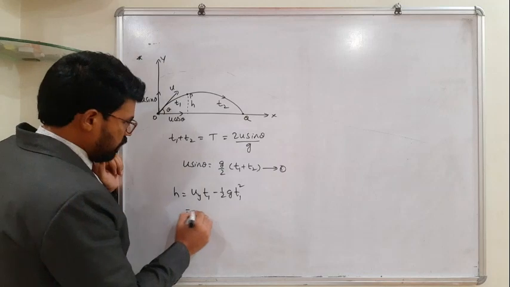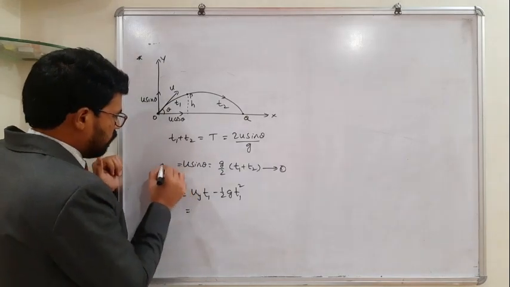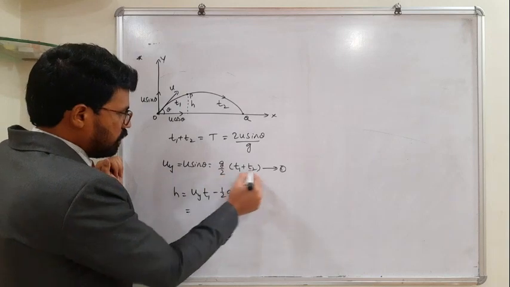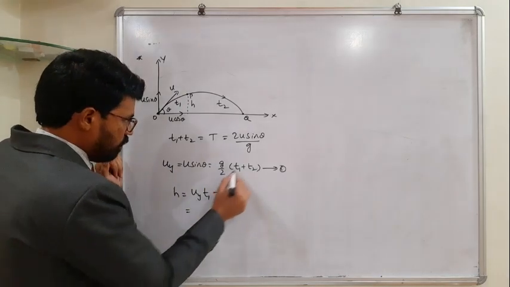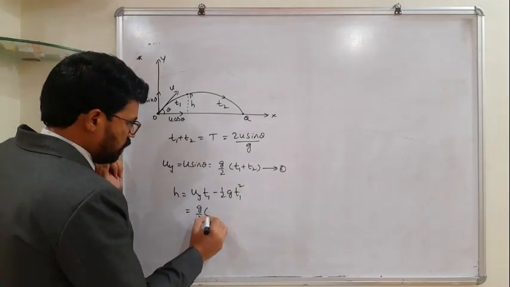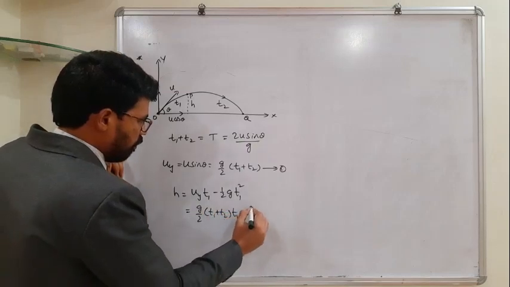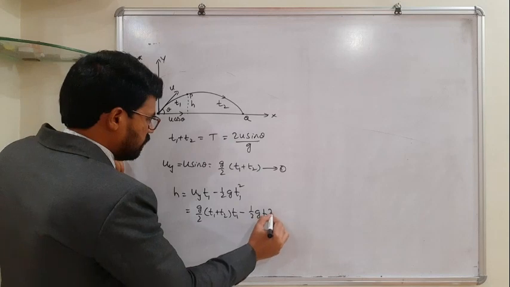And what is this uy? uy is u sine theta, and this uy is what? g by 2 into (t1 plus t2). So let us replace uy with g by 2 into (t1 plus t2) into t1 minus half g t1 square.